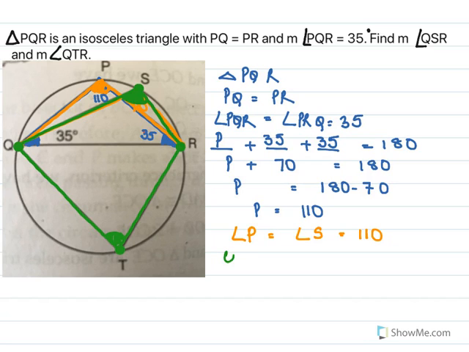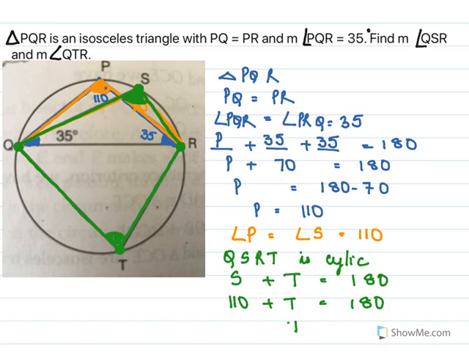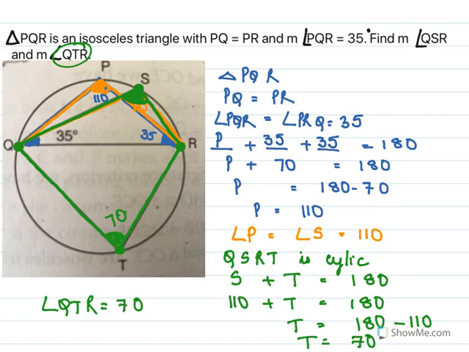So we'll have now QSRT is cyclic, which means S plus T is 180. S is 110 plus T is 180. So T is 180 minus 110. So T will be 70. So angle T will be 70. That's what they have asked us, QTR. So angle QTR equal to 70.